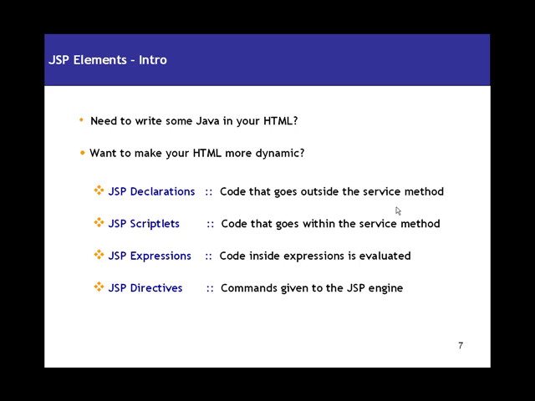So whatever code you put in a JSP, at the end it's going to be converted into a servlet, right? Whatever code you put in the JSP, in the end it is going to land in some method in a servlet, and whatever you put in a JSP declaration goes outside the service method.